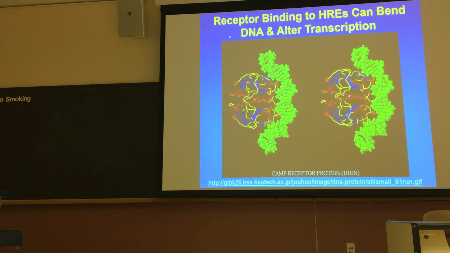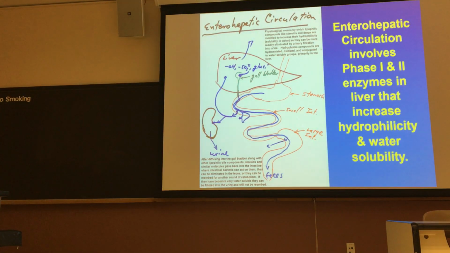So there's actual physical change in the DNA that occurs on binding of some of these hormone receptor complexes that can help describe how the hormones are actually altering transcription. Okay, yeah.